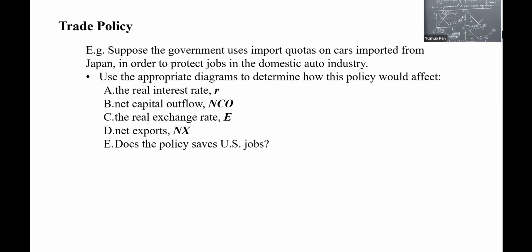Use the appropriate diagrams to determine how this policy would affect these variables. In this question, you need to draw three pictures on the blackboard: the loanable funds market, the real interest rate and NCO, and the foreign currency exchange market.